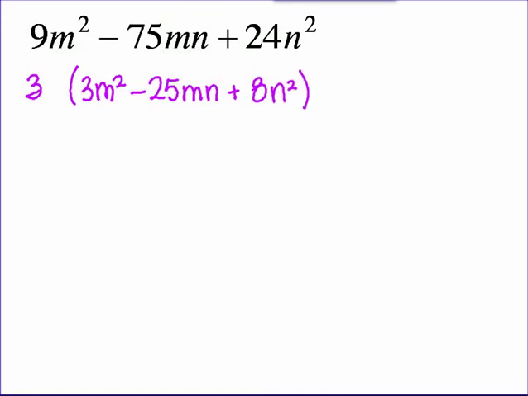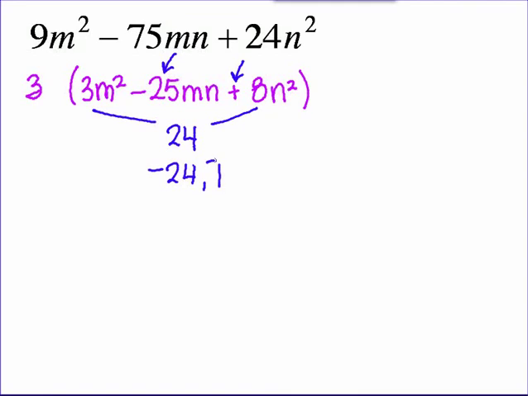By taking that 3 out, we've made it a little bit more manageable, because now I can take first times last. So, 2 factors of 24 that add up to 25. Very good. What are those? 24 and 1. How do you get a negative 25 from 24 and 1? Negative, negative.